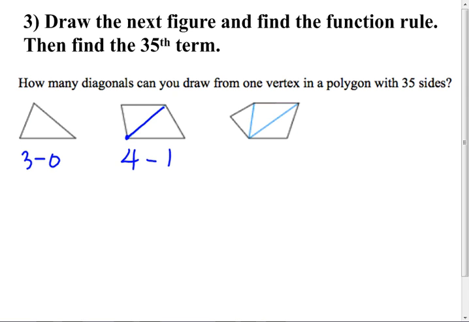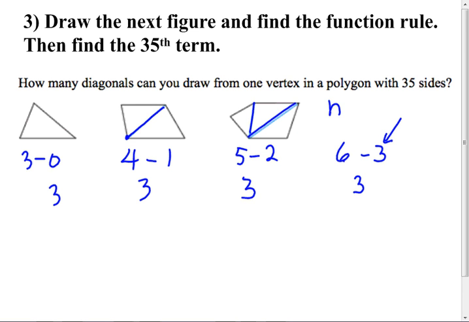Now, just because of my crazy notation, you're going to see what's going to happen here. How about 5? How many can you draw? 2. If you subtract these, because I accidentally wrote it this way, I get 3, 3, 3. I'll bet you can tell me without drawing it, how many are you able to draw? 3. So if this is n, what's that number relative to the first number? It's n minus 3.